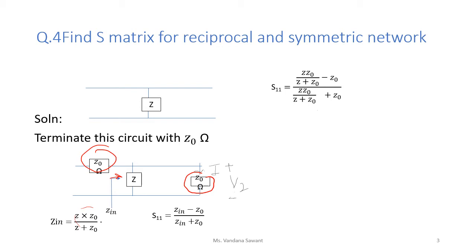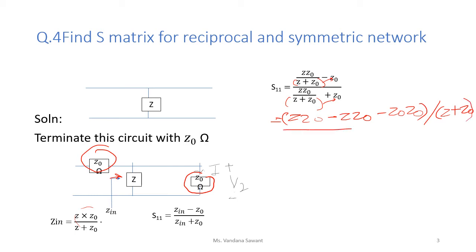So we have to multiply with the factor Z plus Z0. That will give minus Z into Z0 minus Z0 into Z0, whole divided by Z plus Z0.